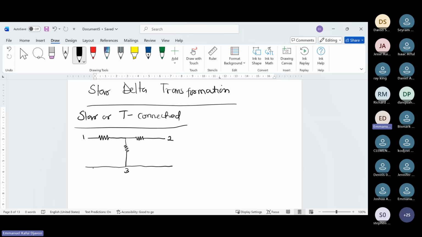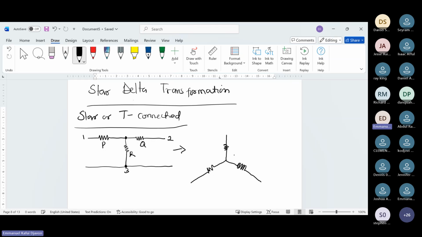So here you can see that we have a node here, we have a node here. For the star or the T connected, you can call it either a T or a star. You have it like this: P, Q, and R. Now, this T connection can be drawn as this if we transform the T connection.